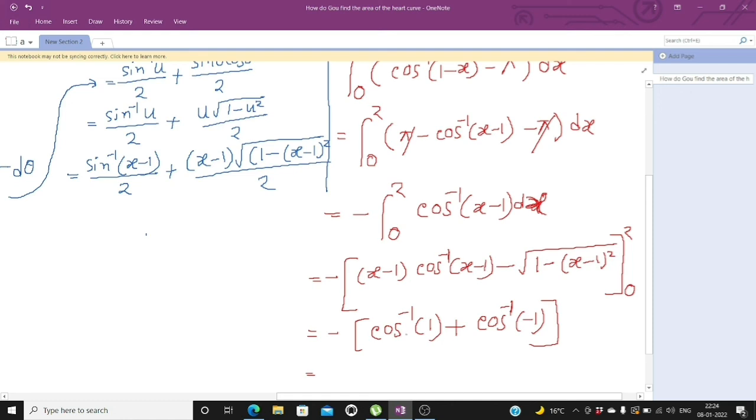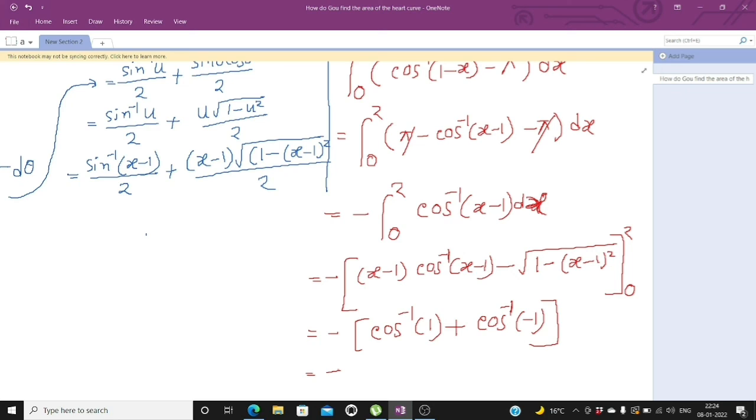Cos inverse 1 is what? Cos inverse 1 is 0, right? Cos inverse 1 is always 0. And what is cos inverse minus 1? When does cos become minus 1? Usually at x equals 0, cos becomes 1.